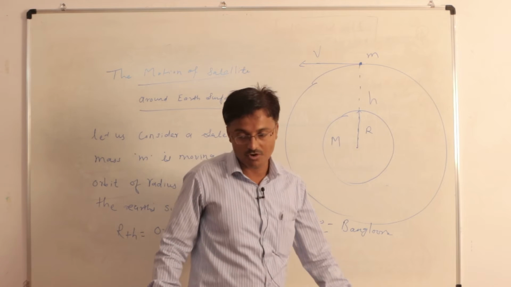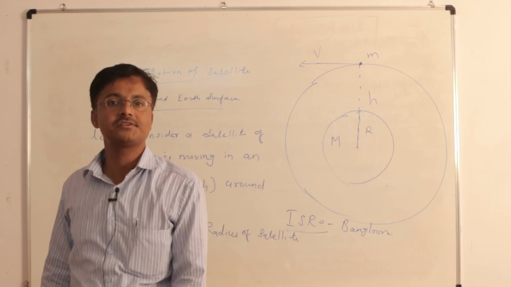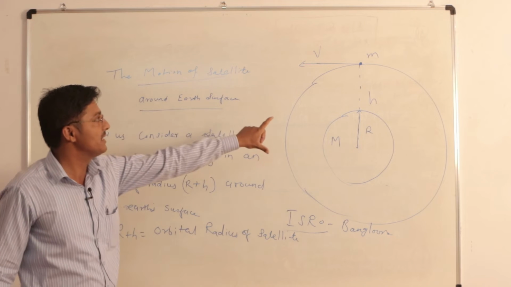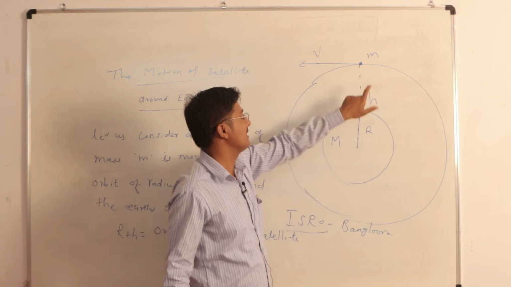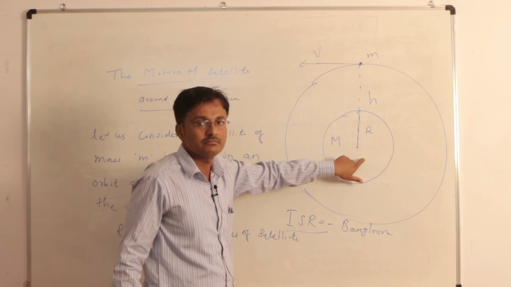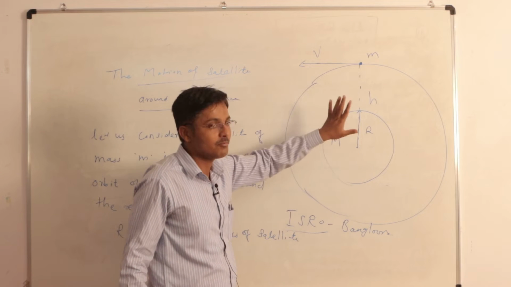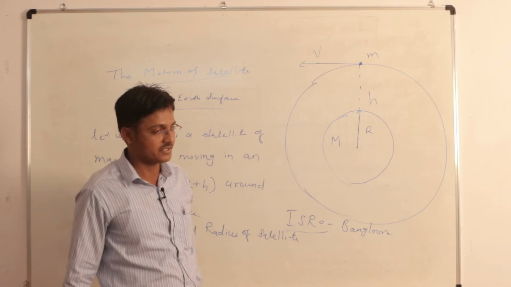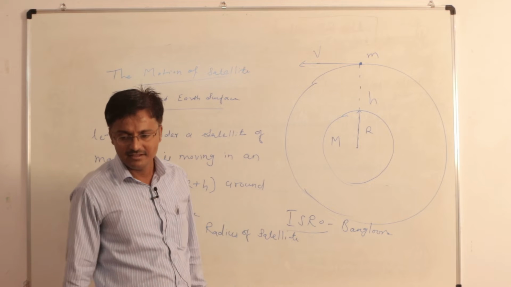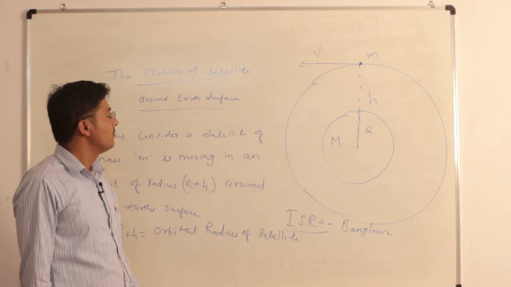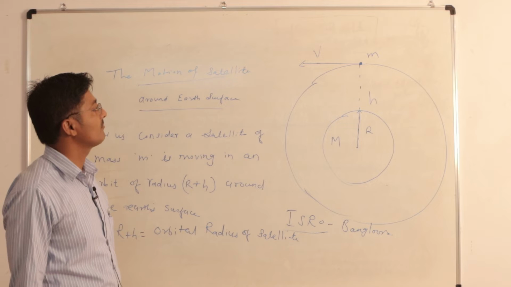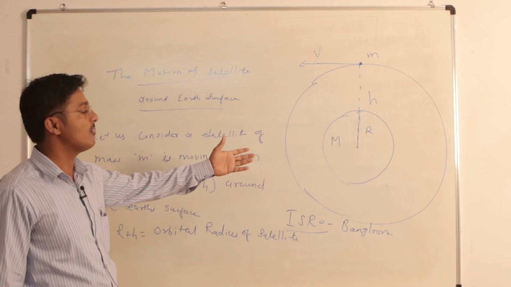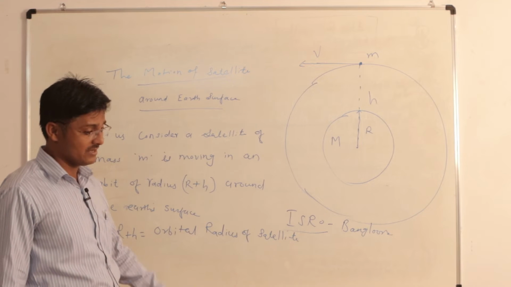According to Newton's law of gravitation, the gravitational force acts between these two bodies, capital M and small m. We have seen that in the previous lecture.